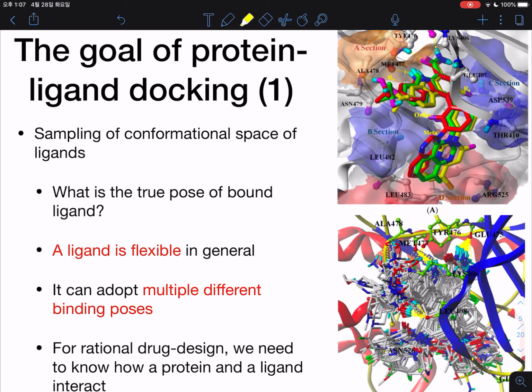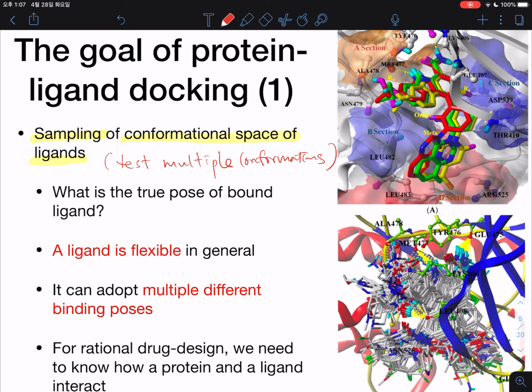This is called sampling. It means that we have to sample a large conformational space of ligands, so we have to test many, many conformations, right?